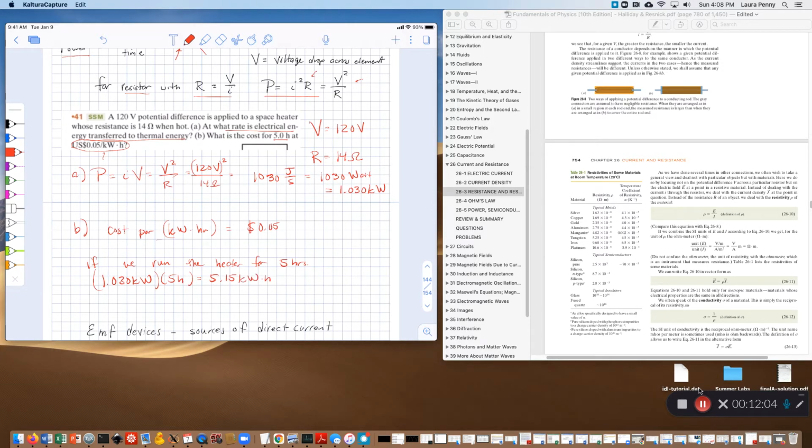And each one of these is 5 cents. So 5.15 kilowatt hours times 0.05 dollars per kilowatt hour means that I need to pay about 26 cents to run it. It's actually a pretty good deal for a space heater.